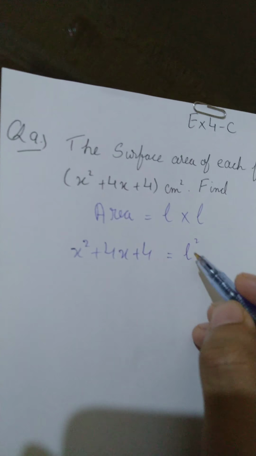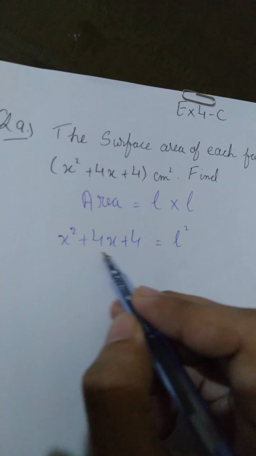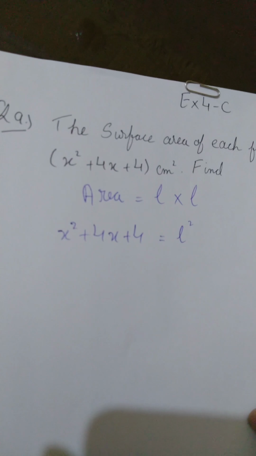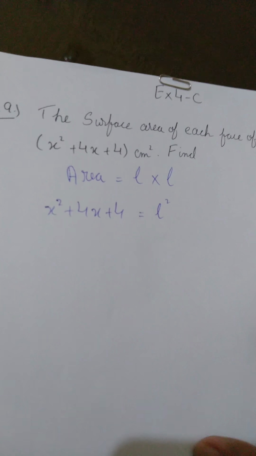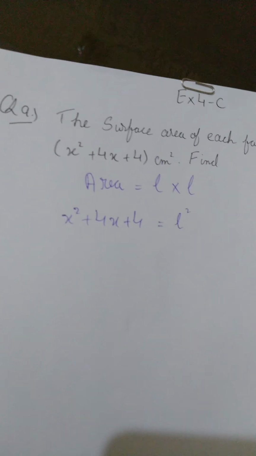As you can see, x square plus 4x plus 4 is a long value and this cannot be the length. So I have to reduce it and make it a little simpler so I can solve it.